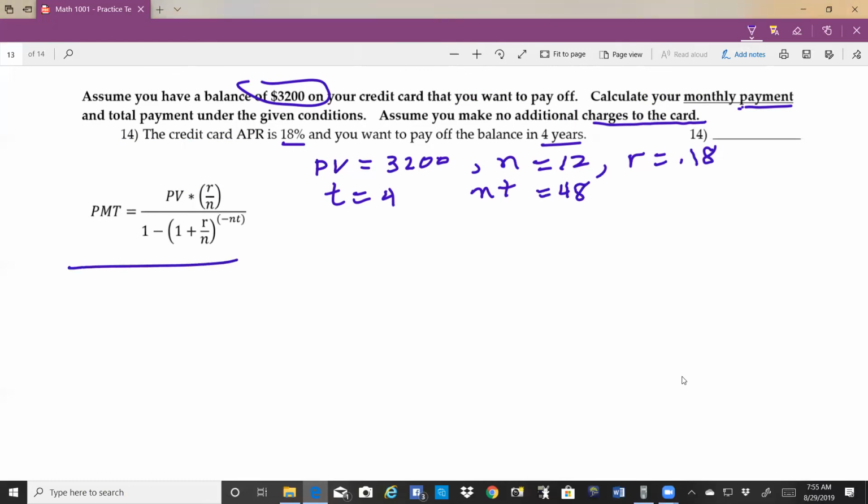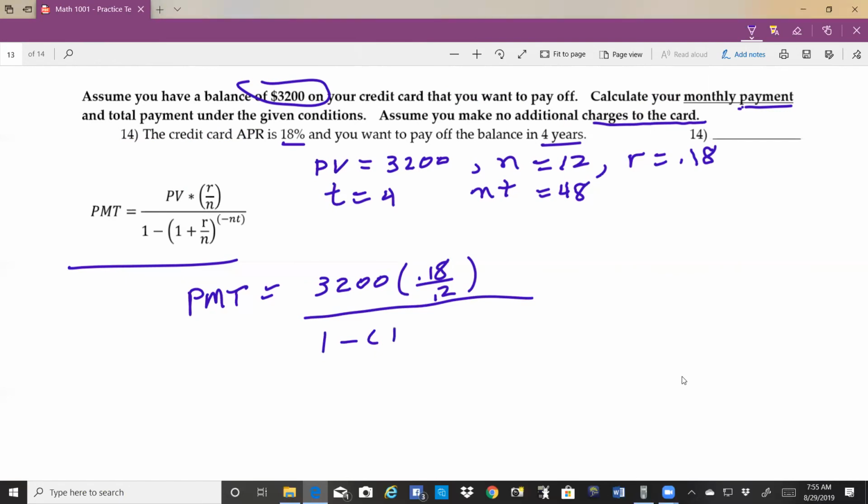So we'll use the payment formula and plug in 3,200 times 0.18 divided by 12, divided by 1 minus 1 plus 0.18 divided by 12, that to the minus 48 power.